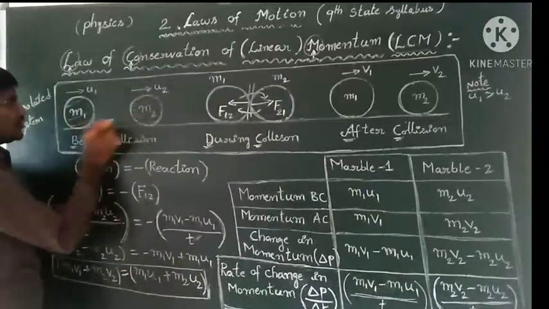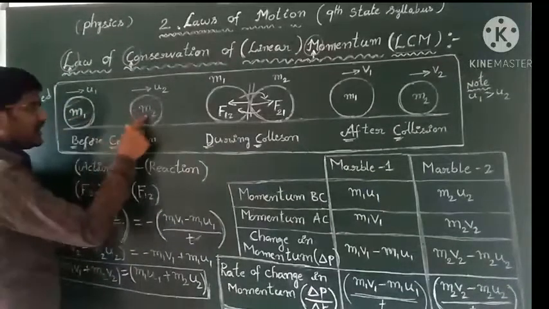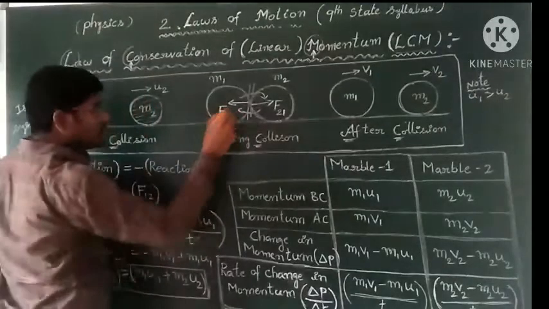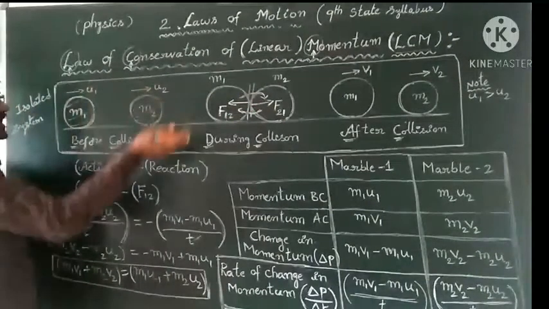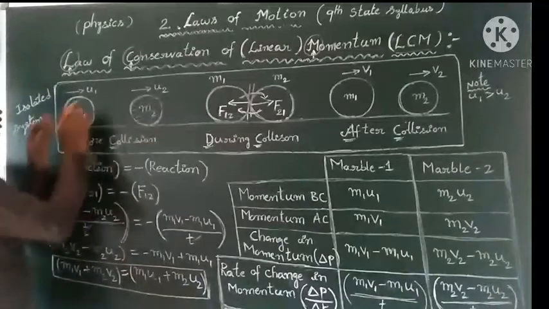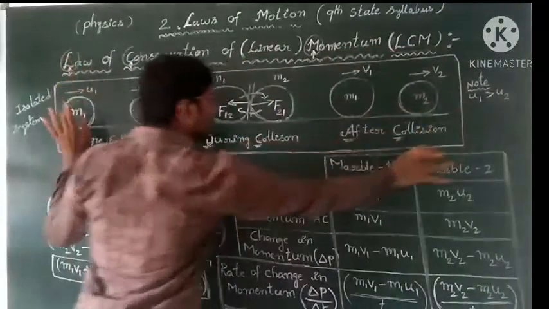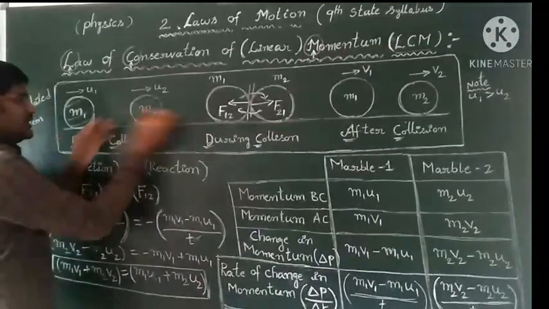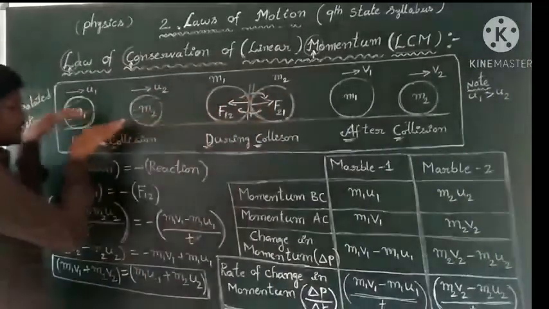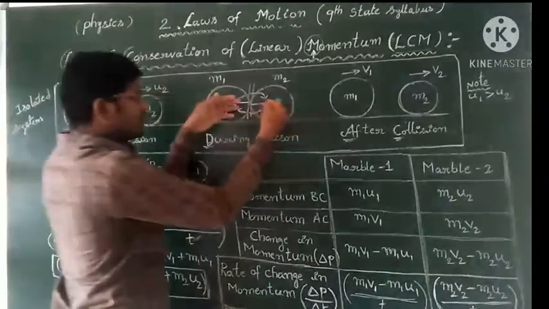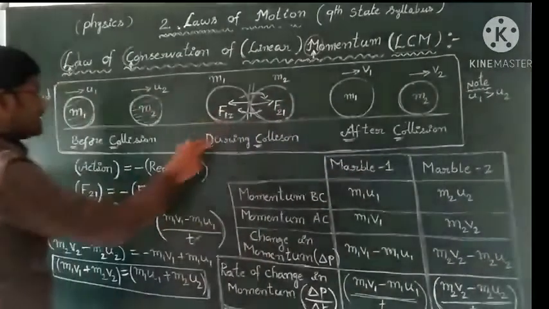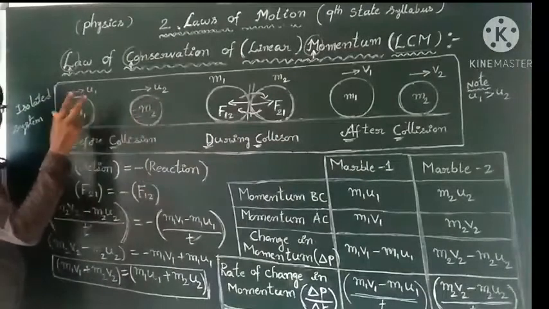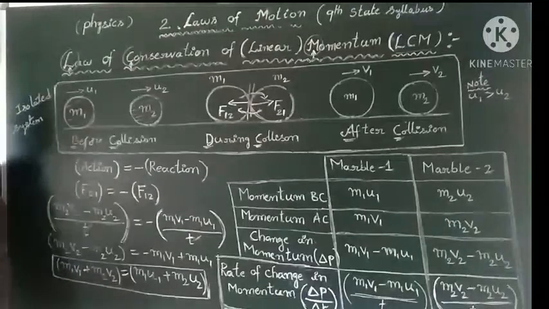In this system we have two objects, m1 and m2. Just two objects are interacting with each other, and there are no other external forces acting on it. There are no other forces in this box of the objects. They are only interacting among themselves. These are moving like this, interacting, and after some time moving like this. So only internal forces are acting and no external forces are acting on the system.